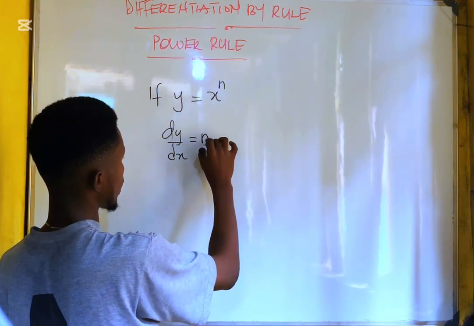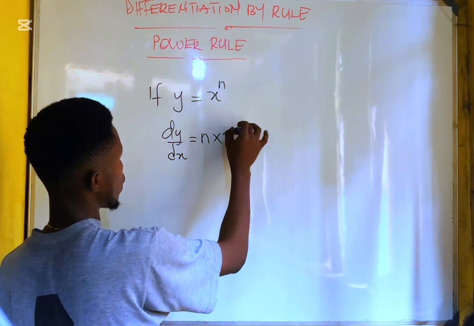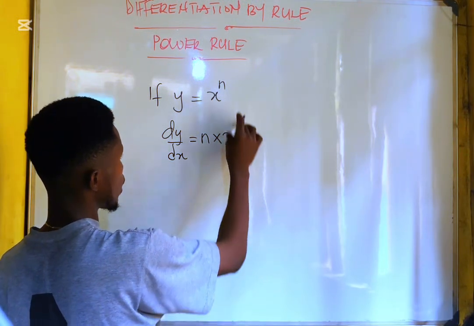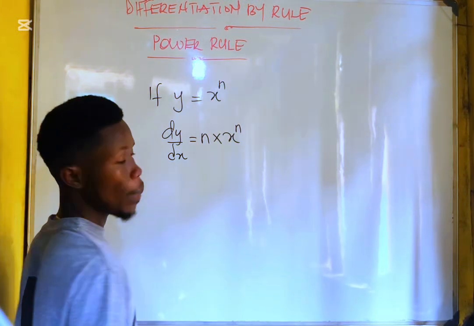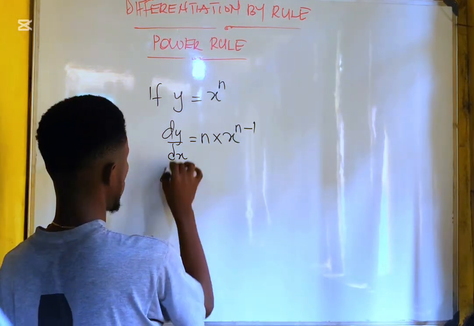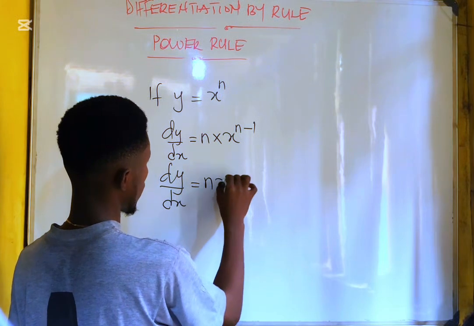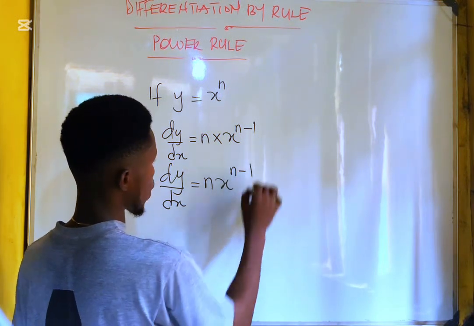So you have n times x. Is that okay? Then you bring the power again. Then you reduce that power by 1. So in conclusion, it becomes something like this: n x to the power n minus 1.